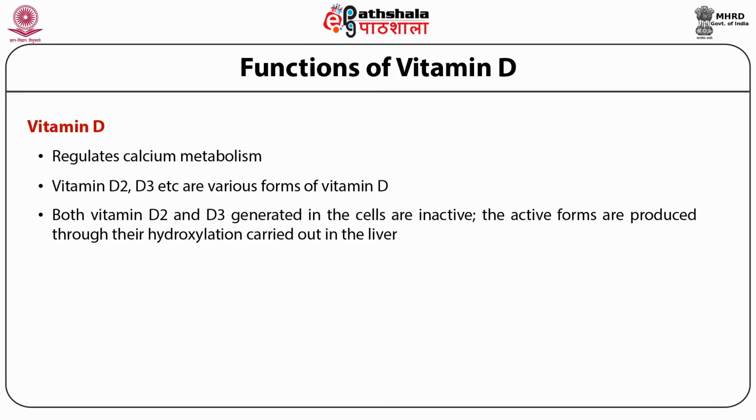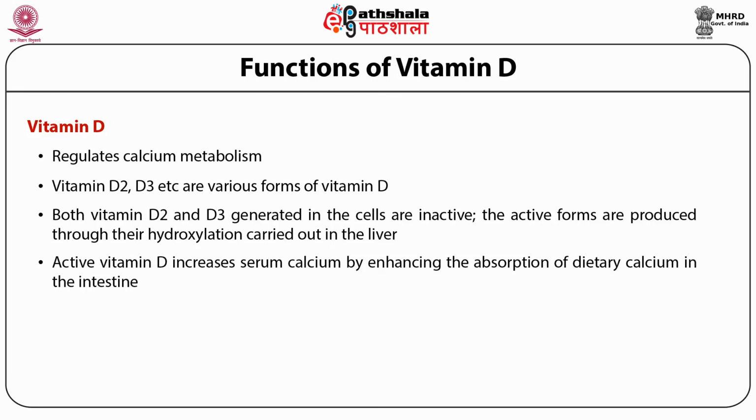The active forms of these vitamin D isoforms are produced through hydroxylation, which is carried out in the liver. So active vitamin D increases the absorption of calcium from the intestine, which is obtained basically from the diet. This results in deposition of calcium in teeth and bones.